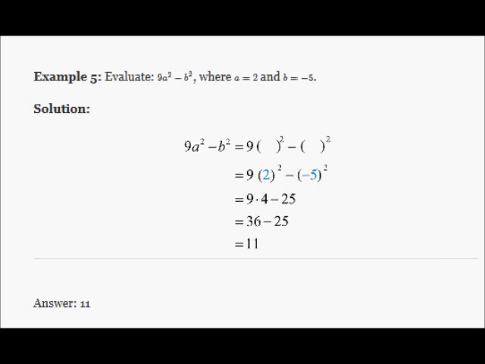It's 4. 9 times 4 is 36. From that, we want to subtract b squared. So we're subtracting negative 5 squared. Negative 5 times negative 5 is 25, positive 25. So we're subtracting positive 25 from 36. 36 minus 25 is 11.